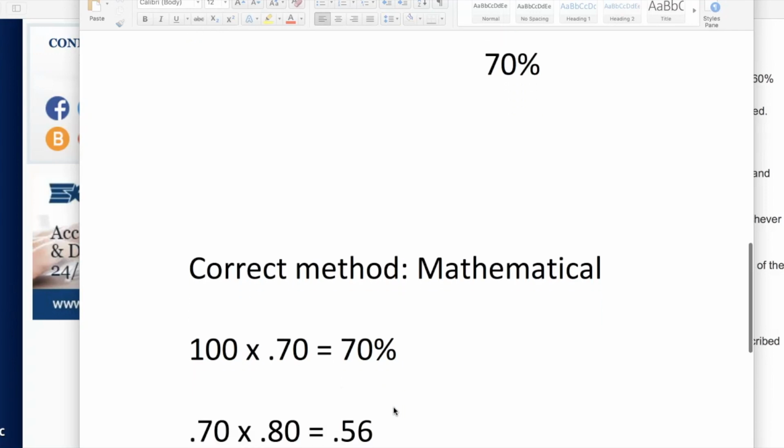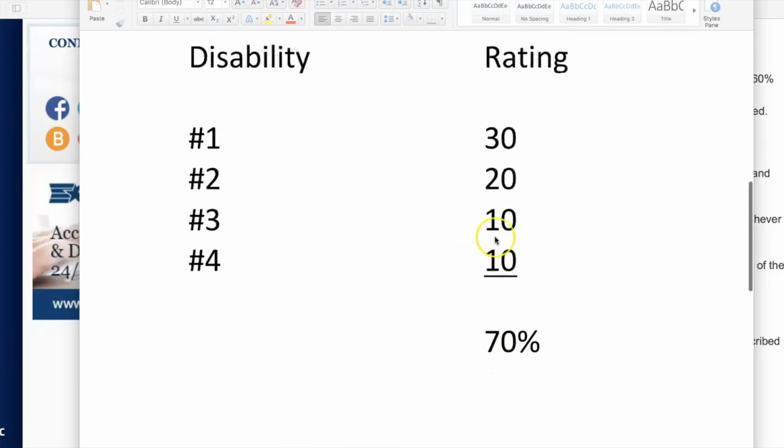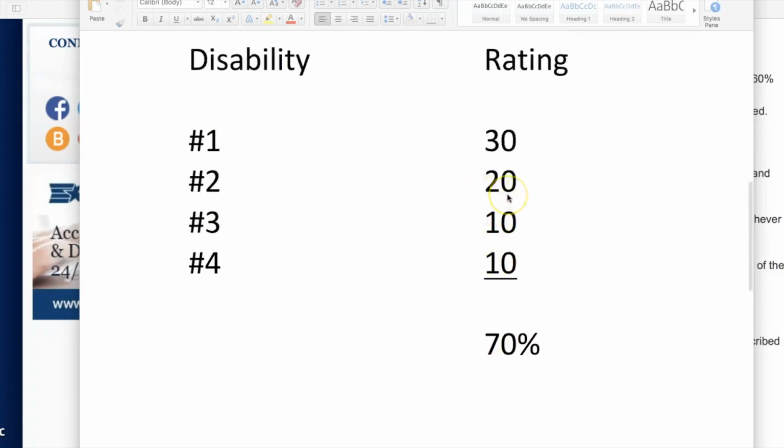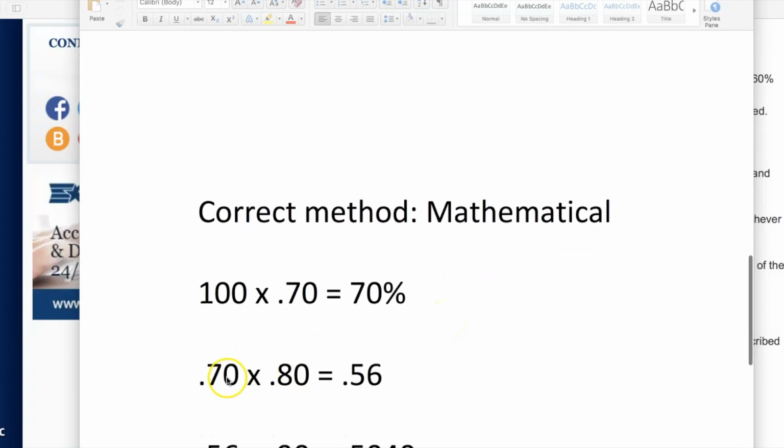So now we're going to take that 70%, and you'll see it over here, 0.70 times 0.80. Why? Because our number 2 is 20%. So 100% minus 20 is 80%. So we're taking that. So we got 70 times the 80 is 0.56.